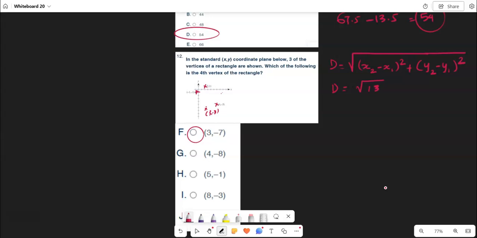That is the way I found the points. The distance between these 2 points is square root of 52. That was the procedure I considered.